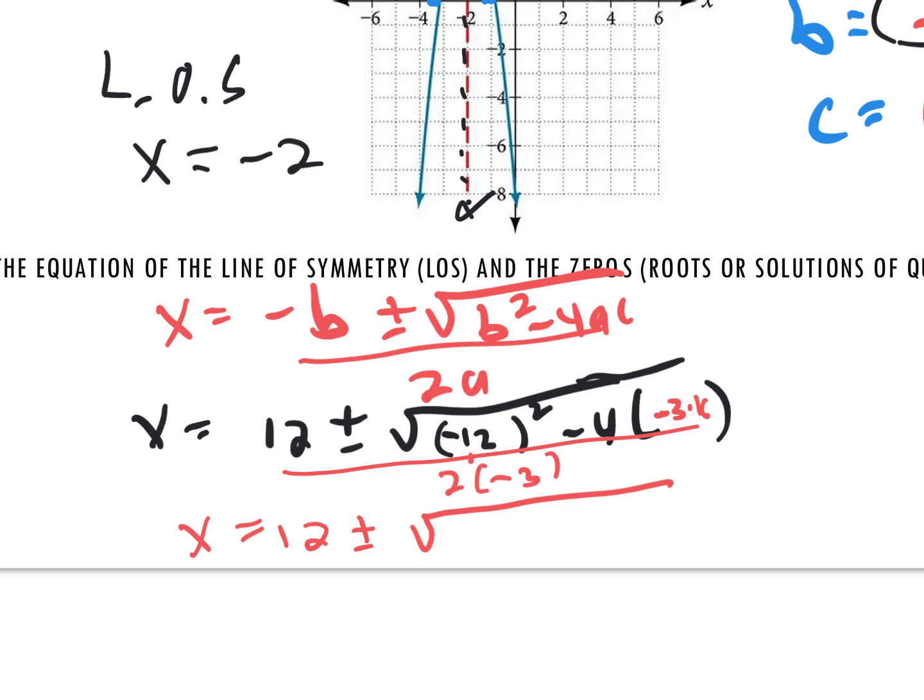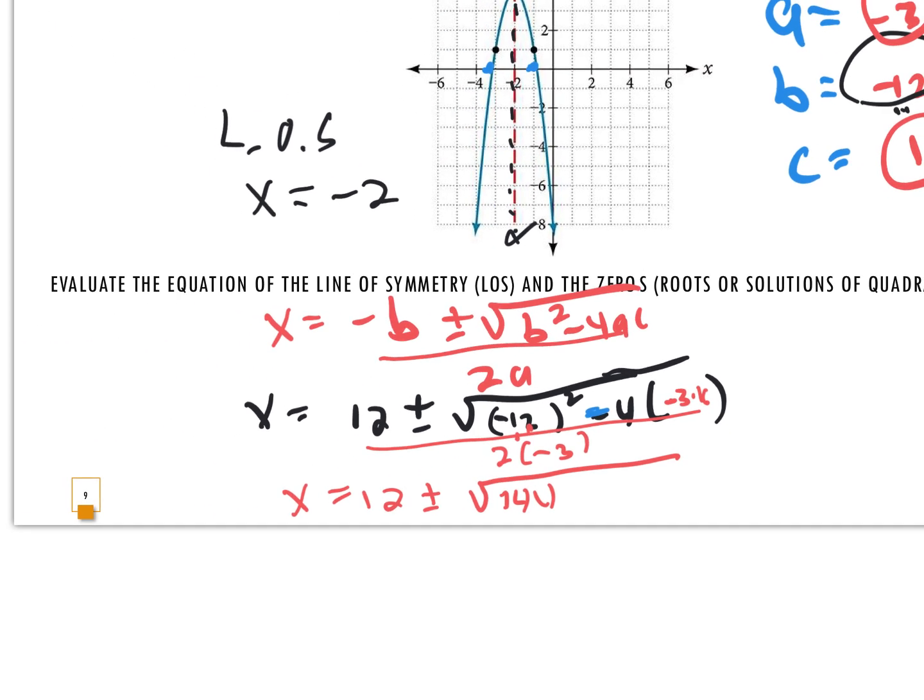Negative 12 times a negative 12 is exactly 144. Negative cancels. Again, I have a minus 4 times a negative 3 times, what was that number? 16. Let me keep the minus 4 for a minute. Minus 4 times what? A negative 3 times 16.